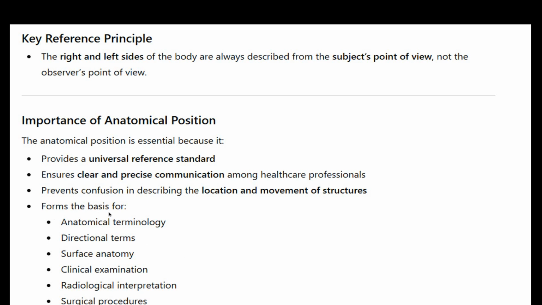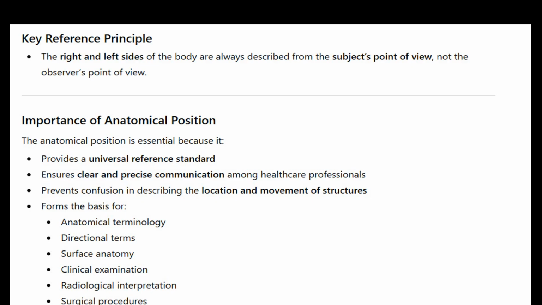So for all these areas it forms the basis: anatomical terminology, directional terms, surface anatomy, clinical examination, radiology interpretation, and surgical procedures. Clear?